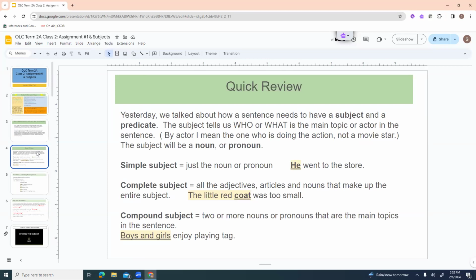So yesterday we talked about how a sentence needs to have a subject and a predicate. Remember that the subject tells us who or what is the main topic or actor in the sentence. By actor, I mean the one who's doing the action. I don't mean like a movie star. And the subject will be either a noun or a pronoun, or sometimes later on we'll look at noun clauses and stuff. But for right now, we'll stick with the simpler stuff.